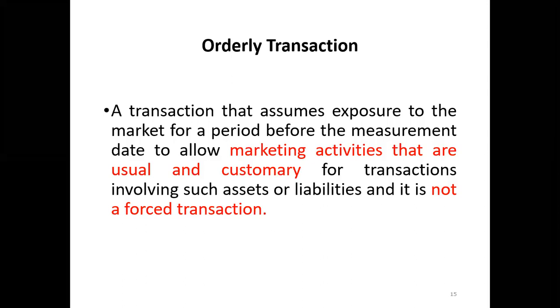And again, if it is to be an orderly transaction, it is a transaction that assumes exposure to the market for a period before the measurement date to allow marketing activities that are usual and customary for the transaction. When it comes to certain assets like motor vehicles, land and building, investment property, it is customary or usual to undertake certain marketing activities.